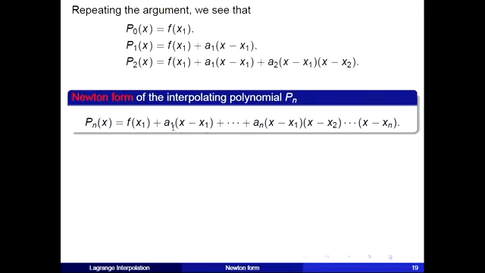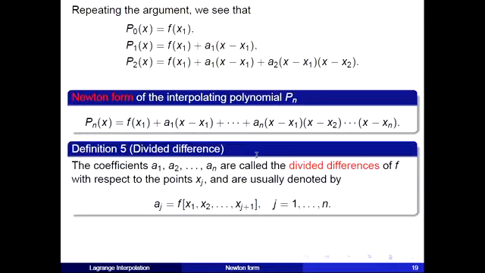Now the coefficients a1 up to an are called the divided differences of the function, okay? The divided difference with respect to the points xj is denoted by f, then the collection of points within the square brackets.